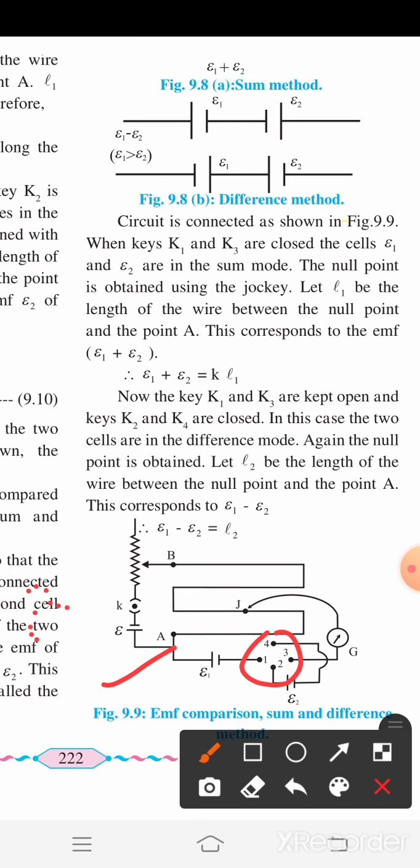The jockey can slide over wire AB to get the null point using the first method, that is the sum method.